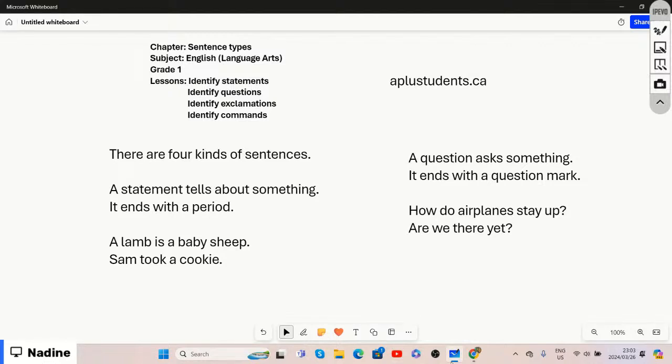The lessons that we are going to be focusing on today under the chapter of sentence types are to identify statements, identify questions, identify exclamations, and identify commands.